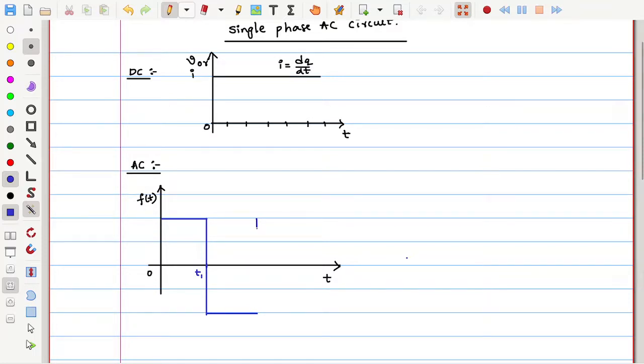Like this the pattern will be repeated. Again it jumps suddenly towards the positive and remains constant like this.